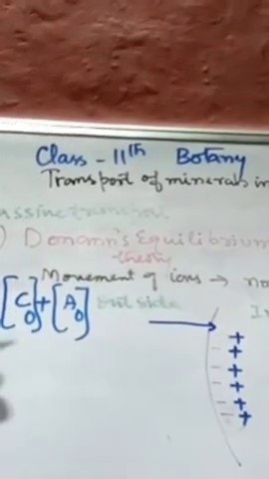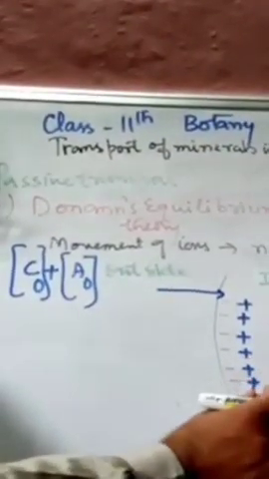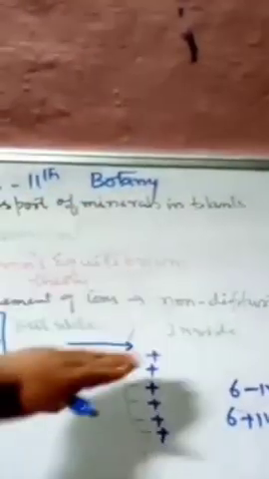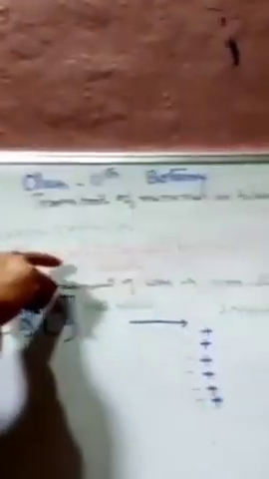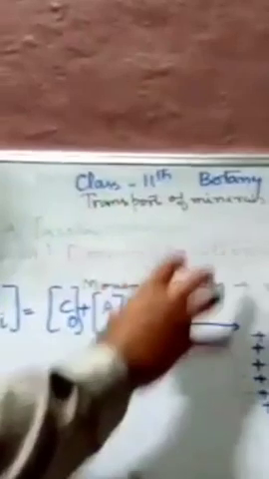As many cations and anions as are inside, the same number of cations and anions are present outside. If there is some difference, then the movement of ions takes place, and this is called Donnan's equilibrium theory, which was given by the well-known biologist Donnan. So the main principle is that the movement of ions takes place due to the non-diffusible ions.